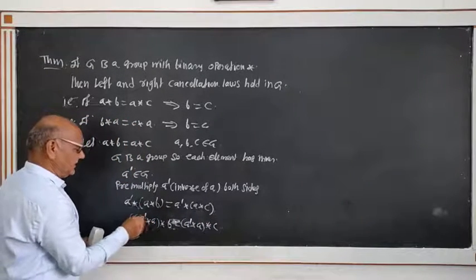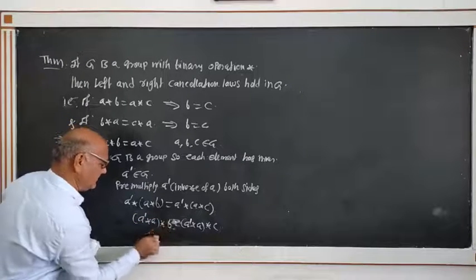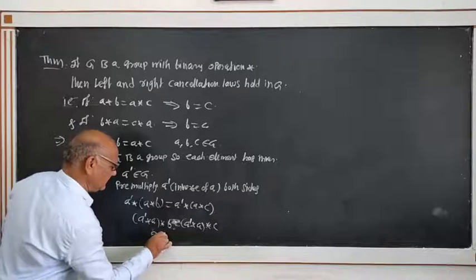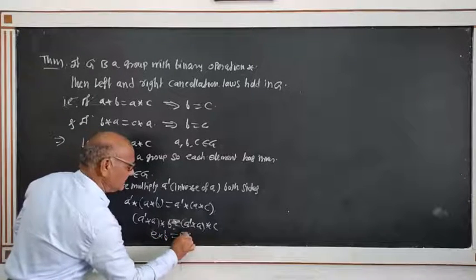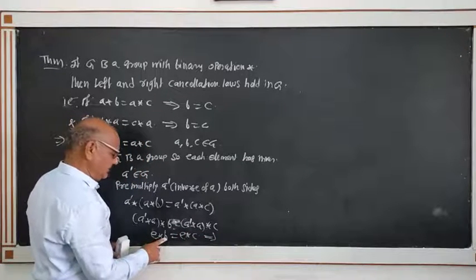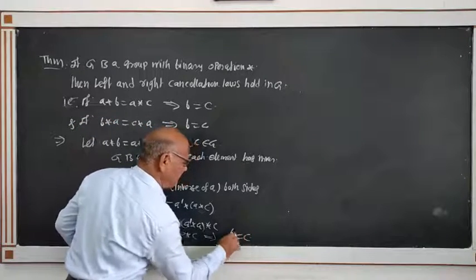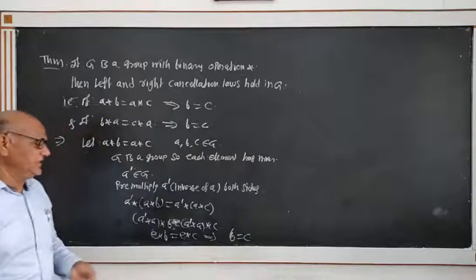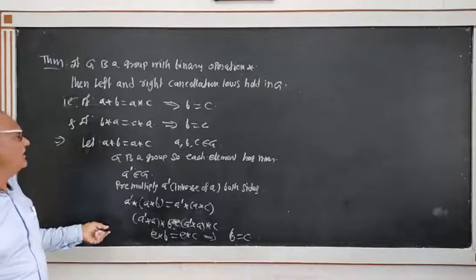Then A dash is the inverse of A. This gives E star B is equal to E star C, and E star B is B and E star C is C. That means B is equal to C. This is called left cancellation law.